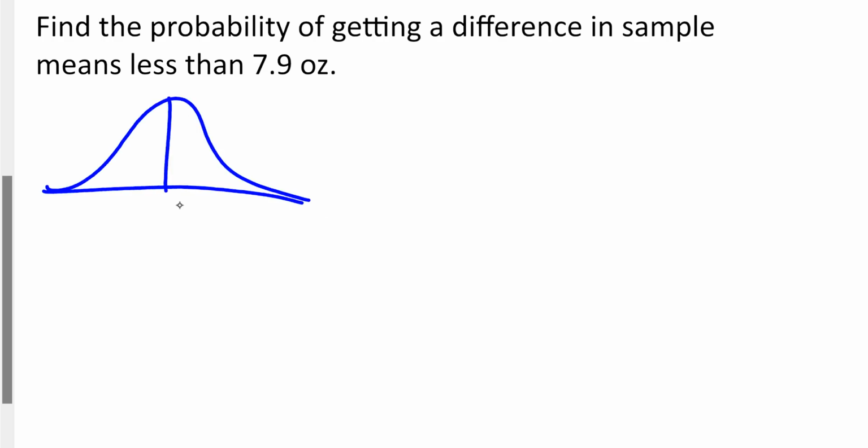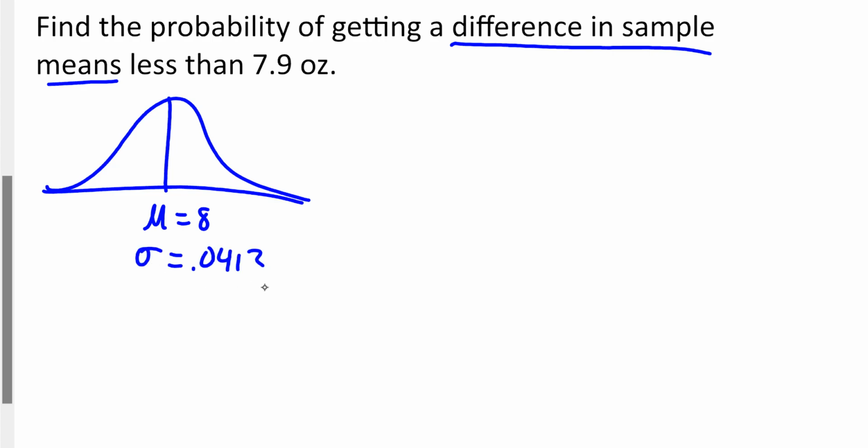We are looking still for that difference in sample means, and we said the mean was 8. We said the standard deviation was 0.0413. We have all that done already. We're looking for the chance of getting less than 7.9, which also is kind of wonderful because it's just less than, which is how our table of values works for z-scores.